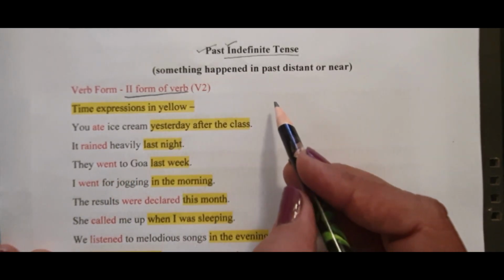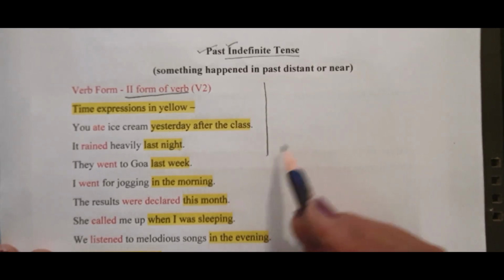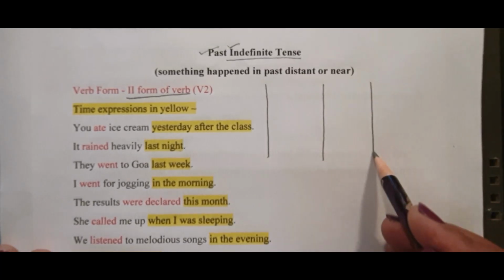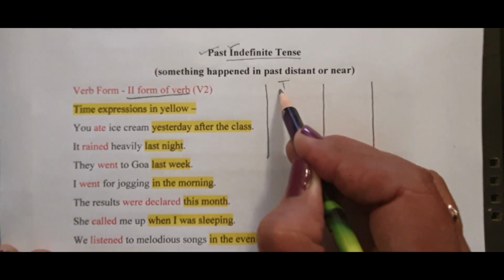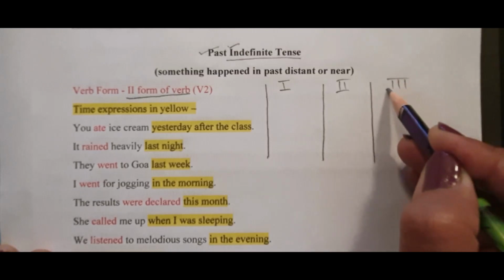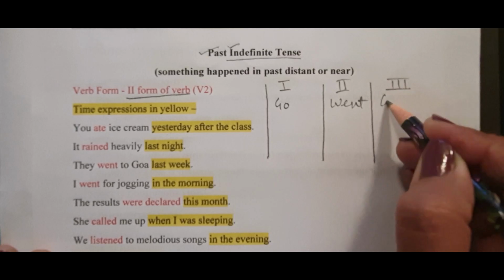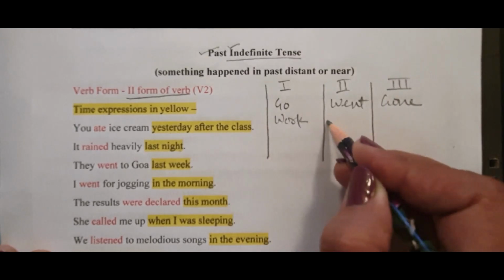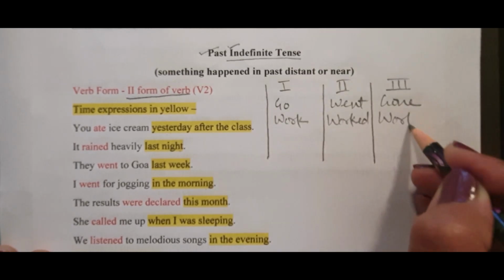And in my previous video on present tense also, I told that all the verb forms you should know so that you are able to use them correctly in tenses. First form, second form, and third form. First form is go, second is went, gone. Similarly, work, worked, worked.